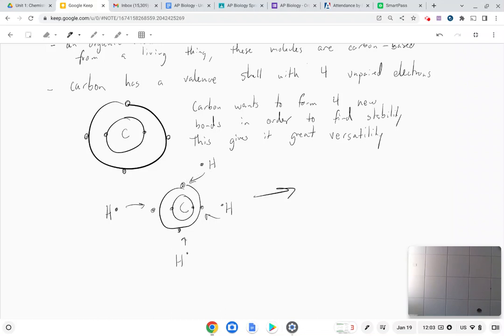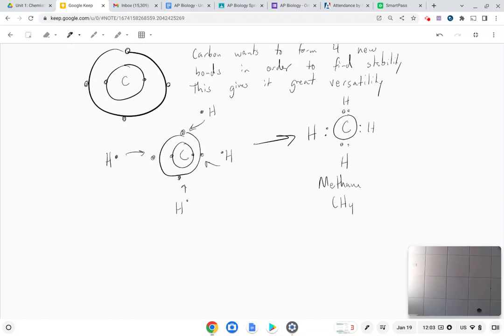And that's going to produce this methane molecule. And now the point that I want to make here is that a methane molecule, CH4, is a much more stable situation than, say, just a lone carbon atom. So that's just one example. It's a really, really simple organic molecule.